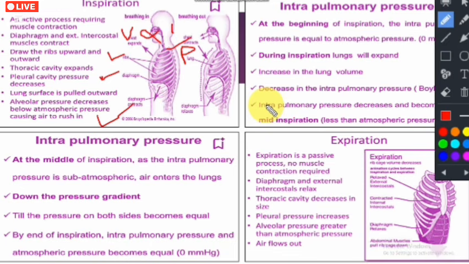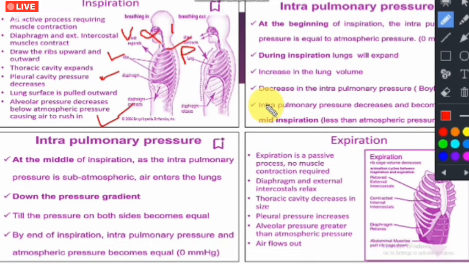Okay. Tell us, what do you think happens to the pressures and volumes during expiration? My guess is your guess. You are guessing in medicine. Maybe you're a medical student. So when a patient comes to your hospital, you begin to guess.